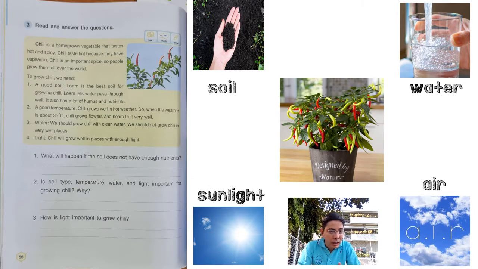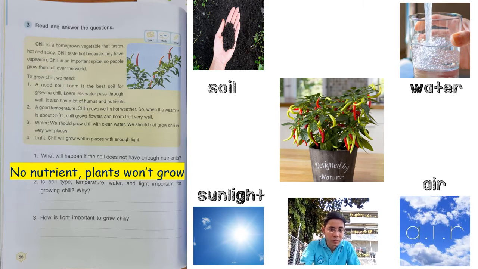Now, on page 56, please go to page 56. Here is a picture of a chili plant. What will happen if the soil does not have enough water? If there is no water in the soil, do you think the plant will grow? Yes, if there are no nutrients, no soil, no food for the plant, then it will not grow and live long.